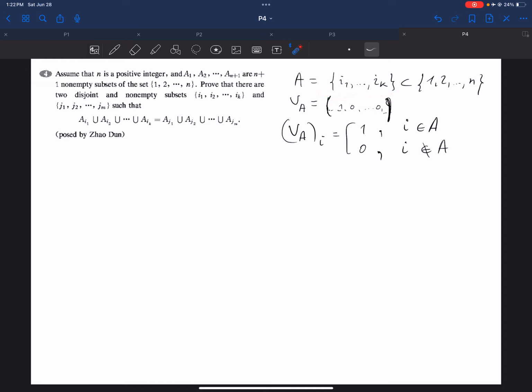For example, if A is just 1 and 3, then the corresponding VA will be 1 because 1 is here, 0 because 2 is not here, 1 on the third position because 3 is here, and then the rest are just zeros. Cool.